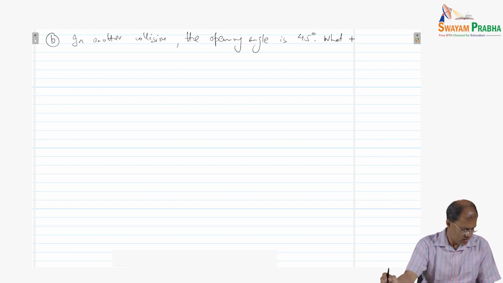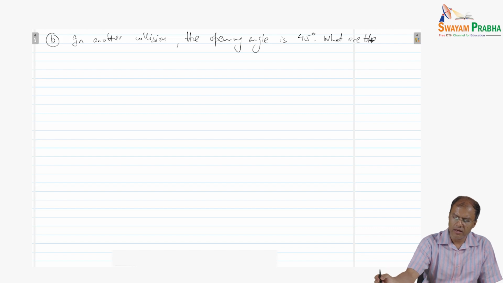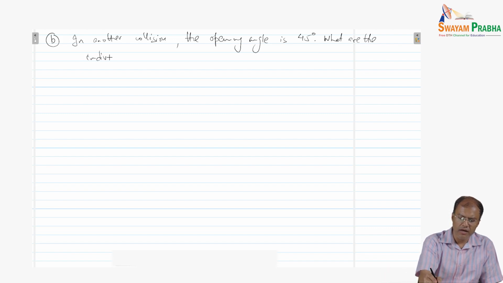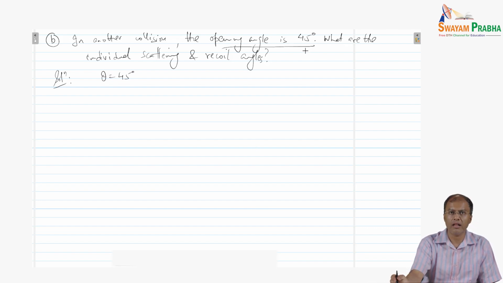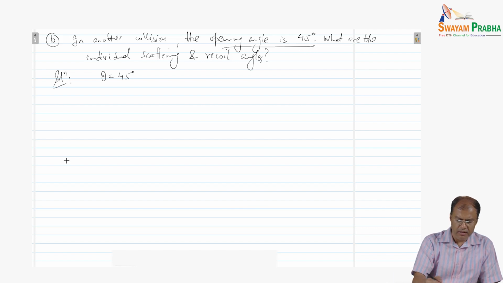What are the individual scattering and recoil angles? So what we get is that theta is 45 degrees. It is given that the total opening angle is 45 degrees.